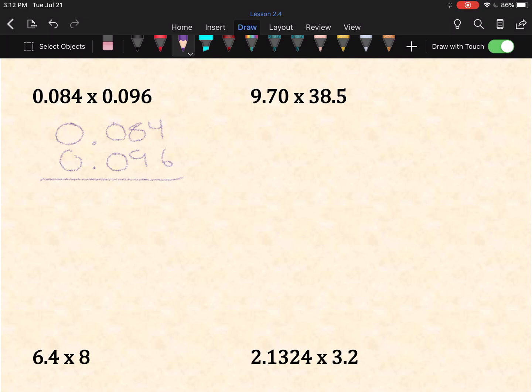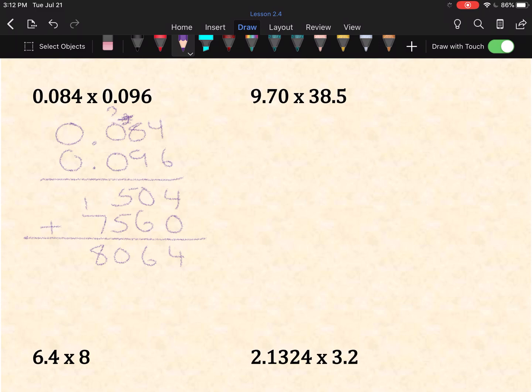So, 6 times 4 is 24, carry the 2. 6 times 8 is 48, plus 2 is 50. Second line starts with a 0. Cross out that 2. 9 times 4 is 36, carry a 3. 9 times 8 is 72, plus 3 is 75. So add. That's a 4, that's a 6, that's a 10, and that's an 8.